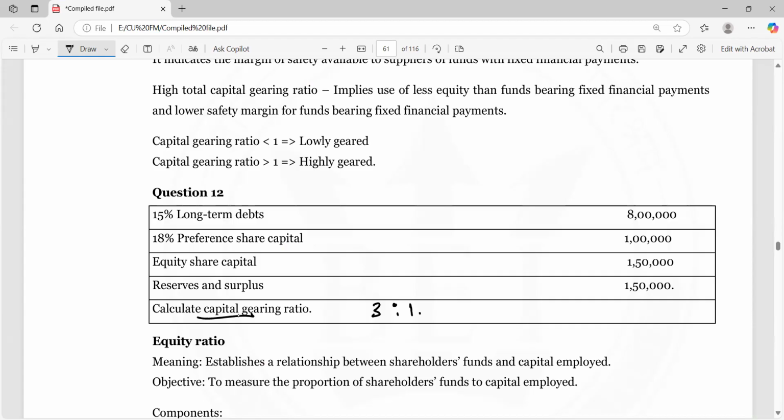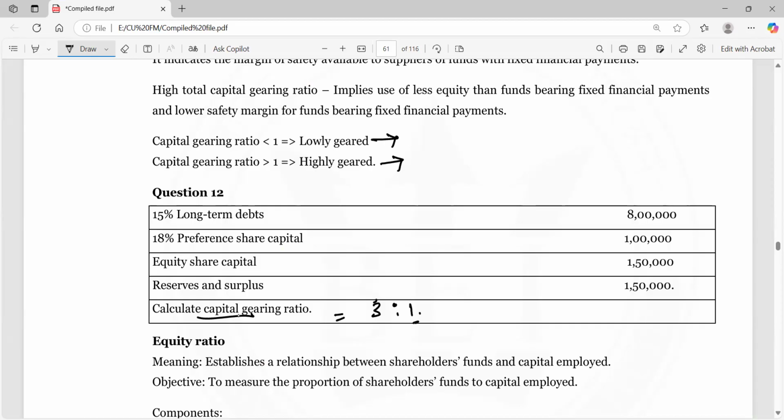So listen, if capital gearing ratio is greater than 1, we call those companies highly geared or highly levered companies. If the capital gearing ratio is less than 1, those companies are lowly geared or lowly levered companies. Clear? Any doubt in this interpretation?